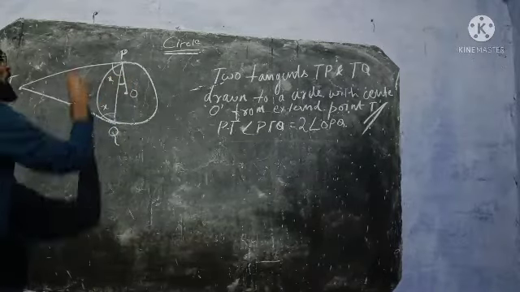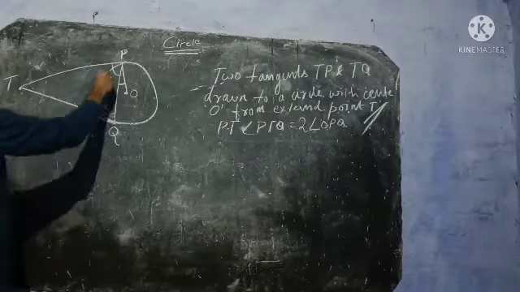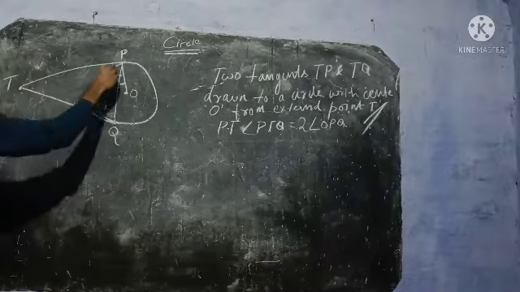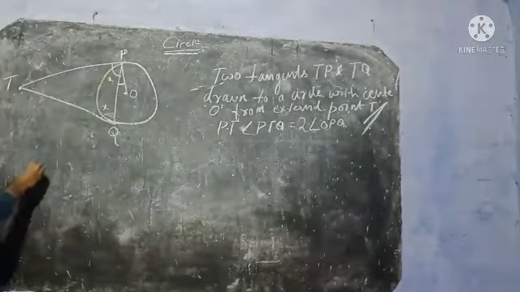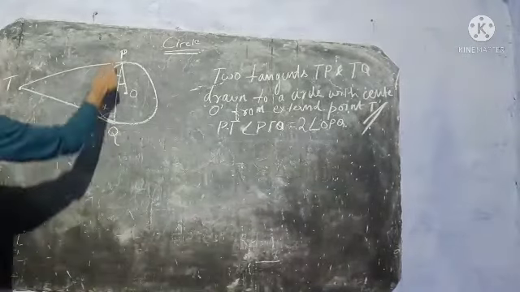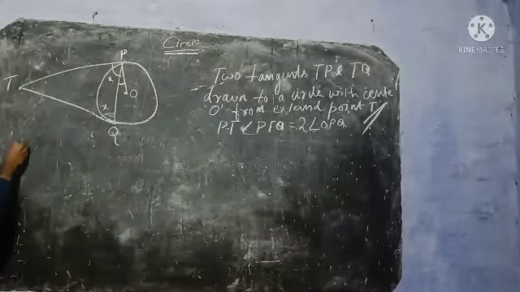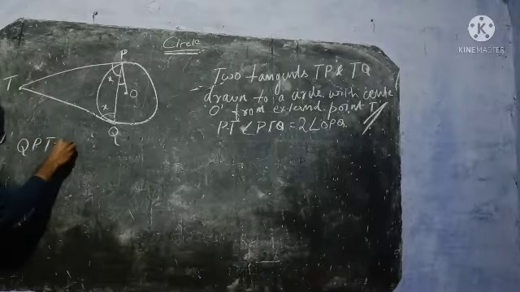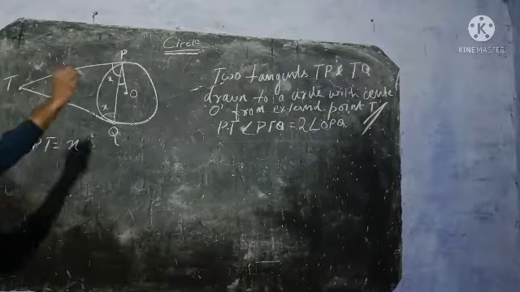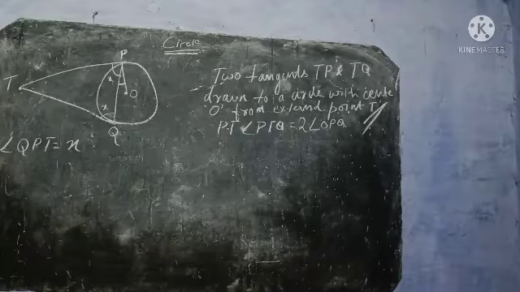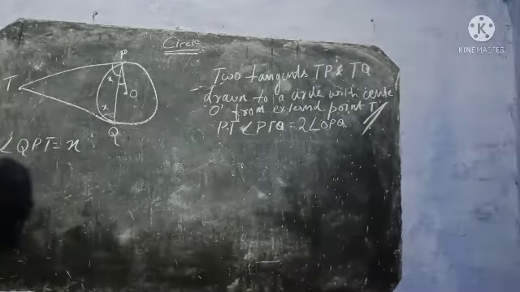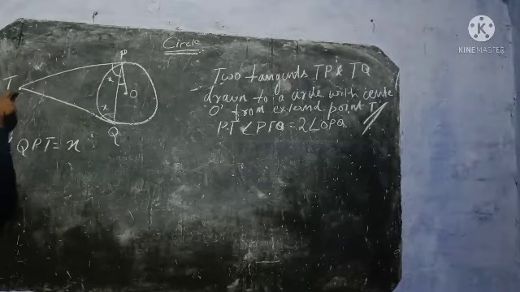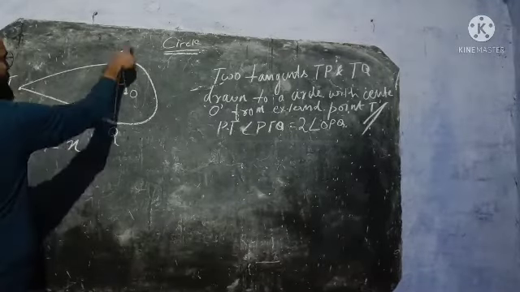Now, let's say this angle QPT is X. Angle QPT is equal to X, I am assuming. Now, we know from the theorem that we just looked at that side TQ is equal to side TP.